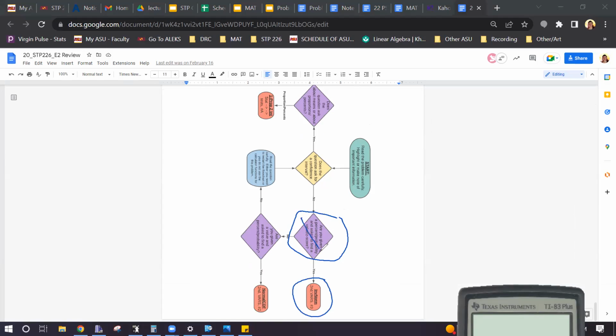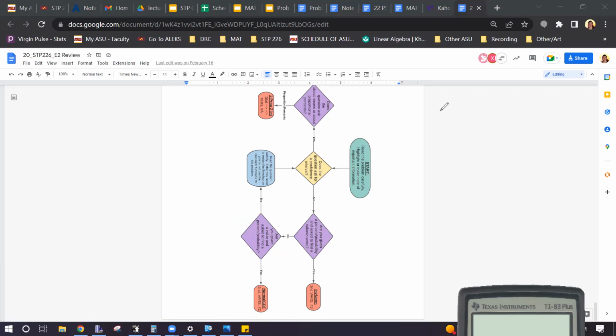Inv norm. That's not what happened here. It said no. Are you being given a value and being asked to find a percent or probability? Yeah, we were asked to find the probability that he could fit through the door. So we want normal CDF. Sorry, it's sideways. You can print that out and use that as the back of your cheat sheet for the exam.